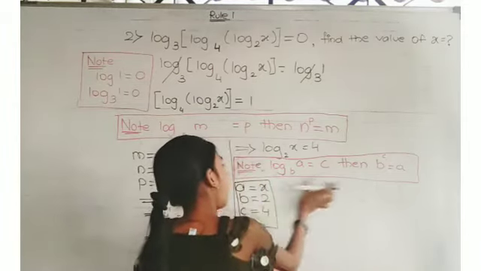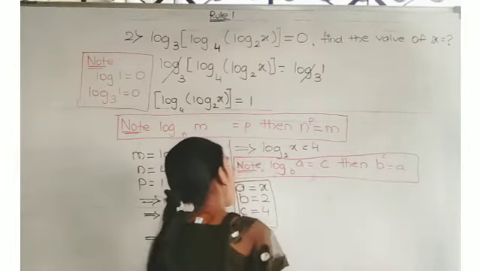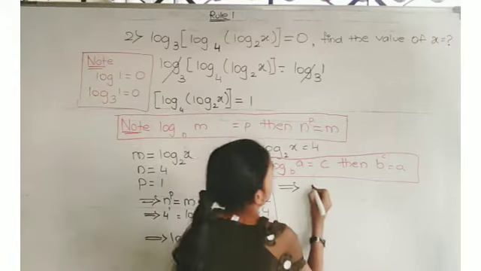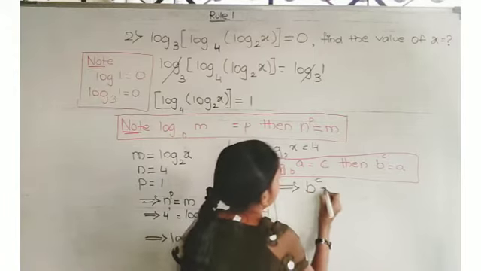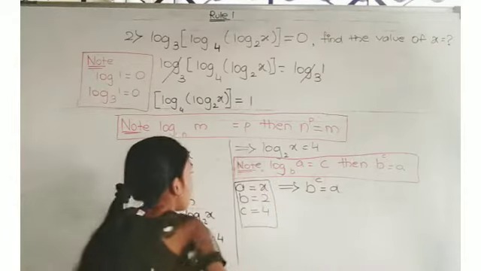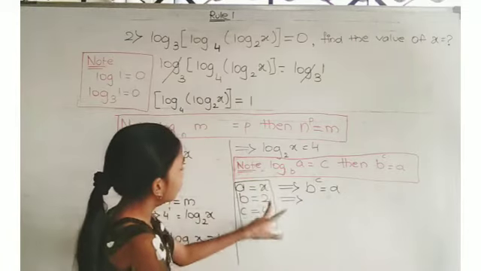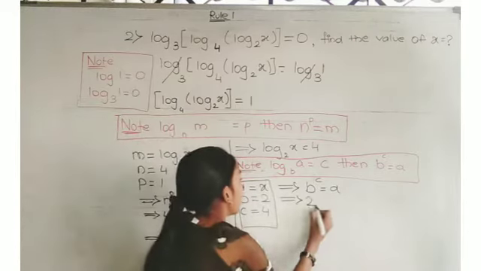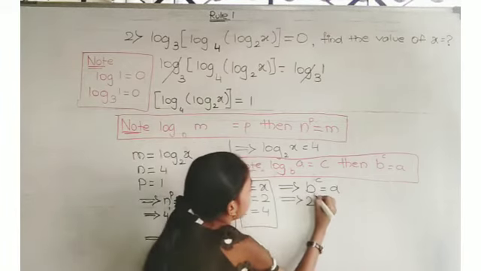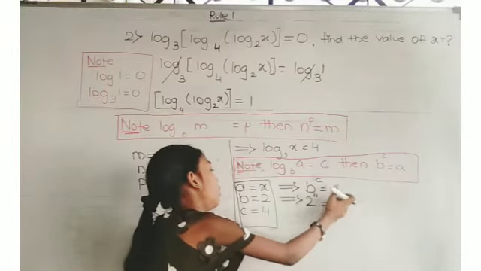Now as we have converted into this form, we will convert this into a similar form. So in the simple way we are going to solve. b raised to c is equal to a. Now the value of b is 2 here. Now the value of c is 4, is equal to a.